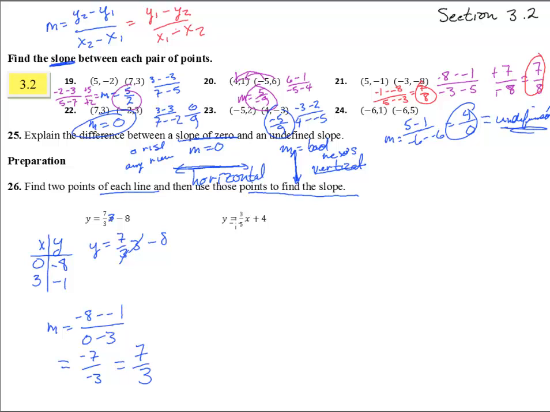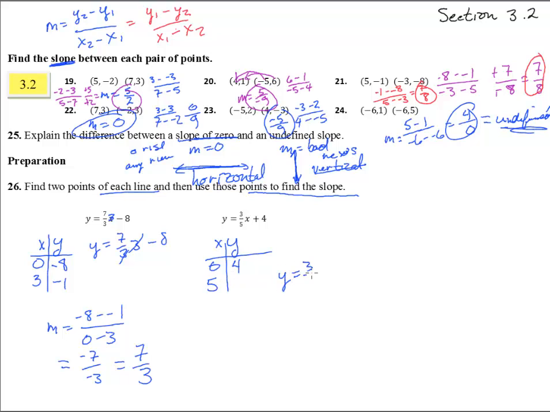Good. Here we have this one. Let's find 2 points. Guess what I'm going to pick? Yep, y-intercept. X is 0 for the y-intercept. Put a 0 in there. 3/5 times 0. Whoosh, and it is gone. And we get 4. So now we stick in another one. I'm going to pick 5 for x just because that makes it nice over here.